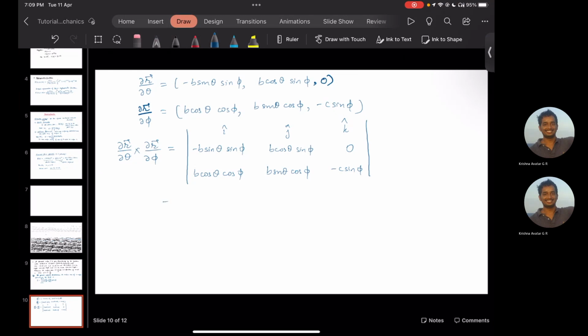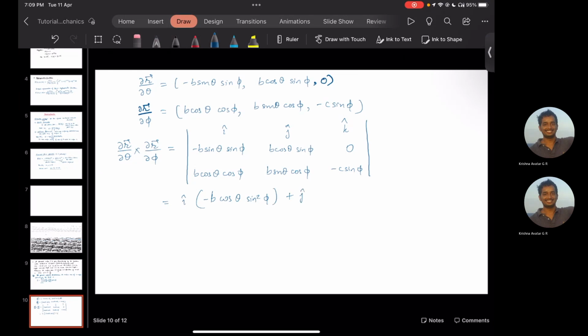For the i component, it is minus b c cos theta sin squared phi, and then minus of 0 into the term, which equals 0.